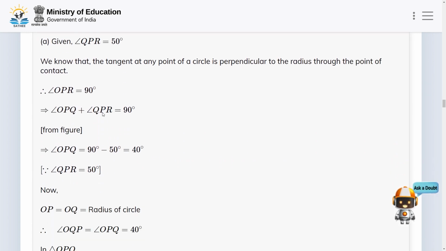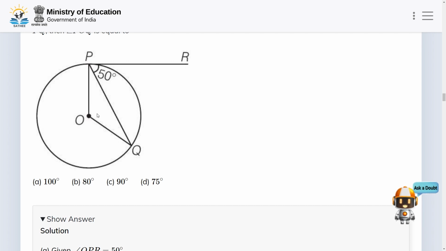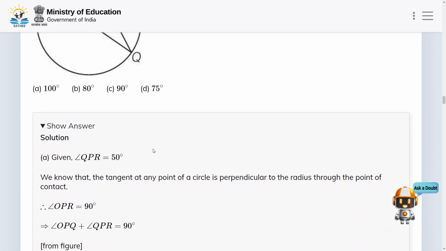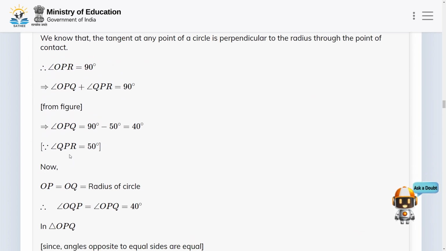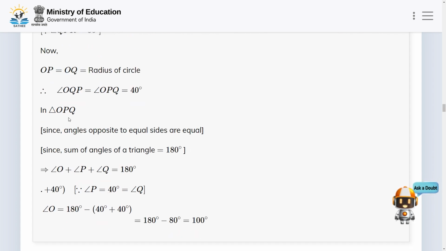It implies angle OPQ plus angle QPR is equal to 90 degree, and it implies angle OPQ is equal to 90 degree minus 50 degree, and this is equal to 40 degree, since angle QPR is equal to 50 degree. Now OP is equal to OQ, they are radii of the circle, and since angle OQP is equal to angle OPQ, that are 40 degree. So in triangle OPQ, the angles opposite to equal sides are equal.